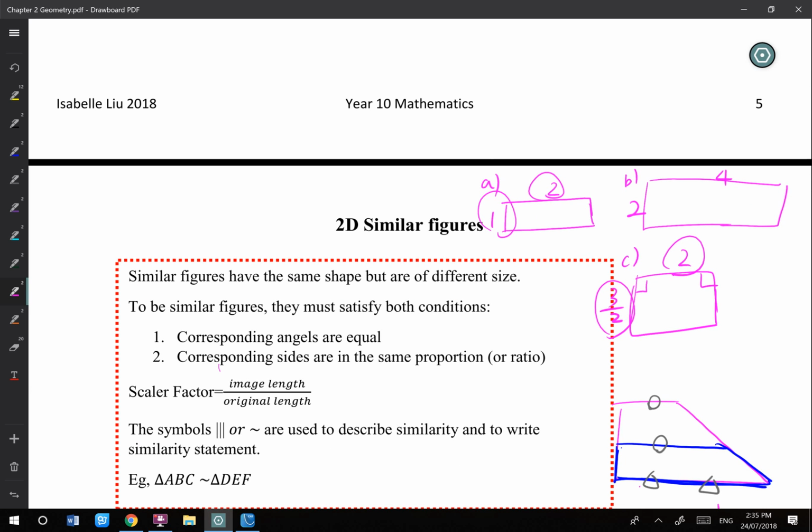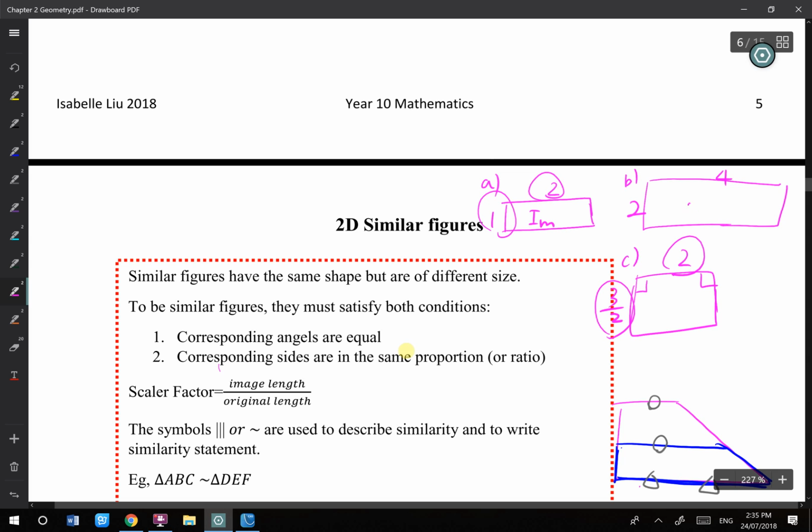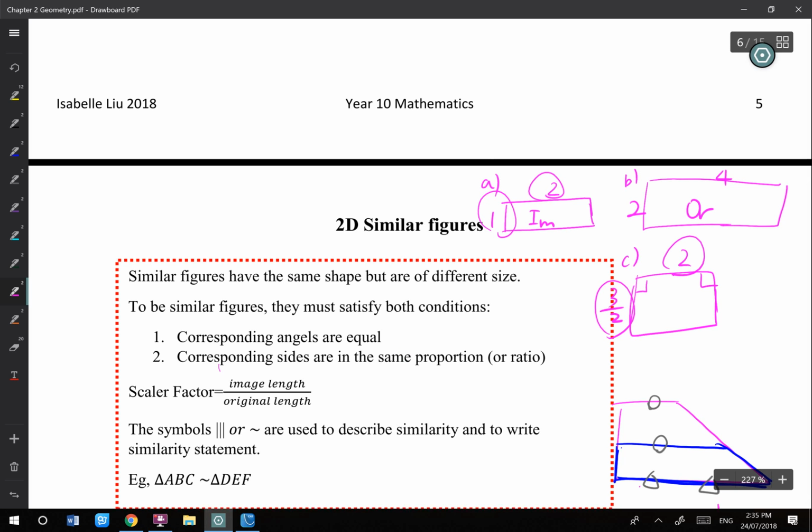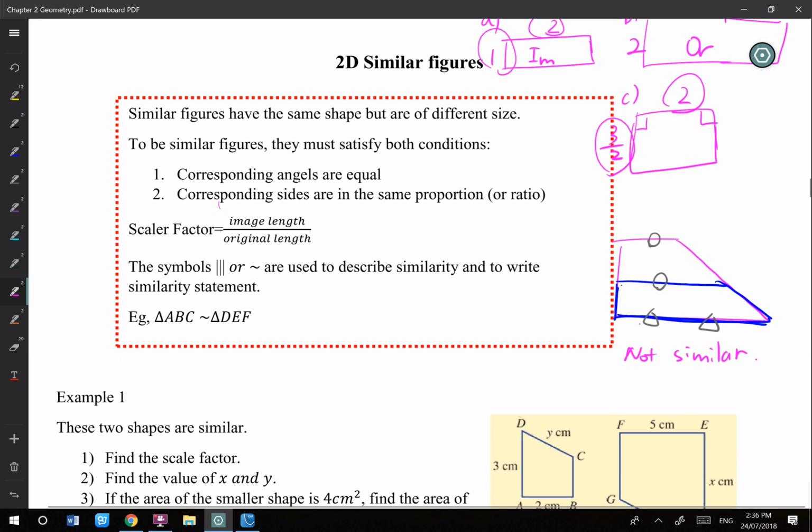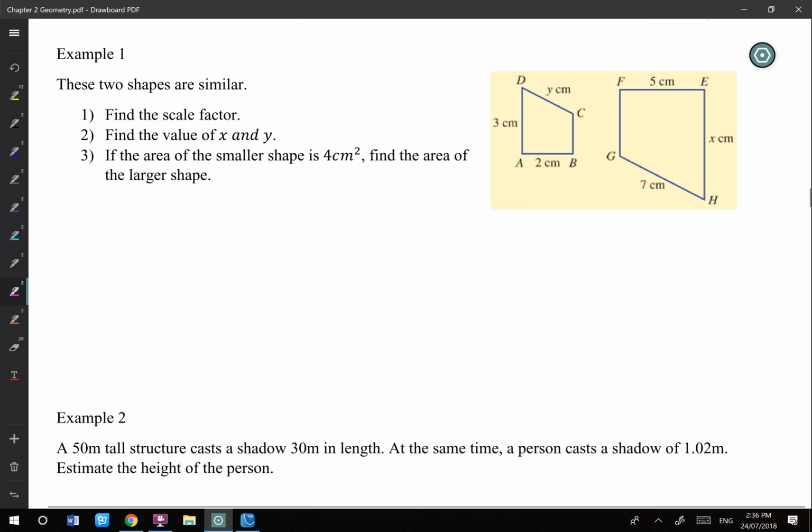If that's the image and that's the original, image over original is a half. The image is a half of the original. This scale factor is the same for all the lengths, because to be similar shapes, all the lengths must be in the same proportion. So the scale factor is a half in this case.